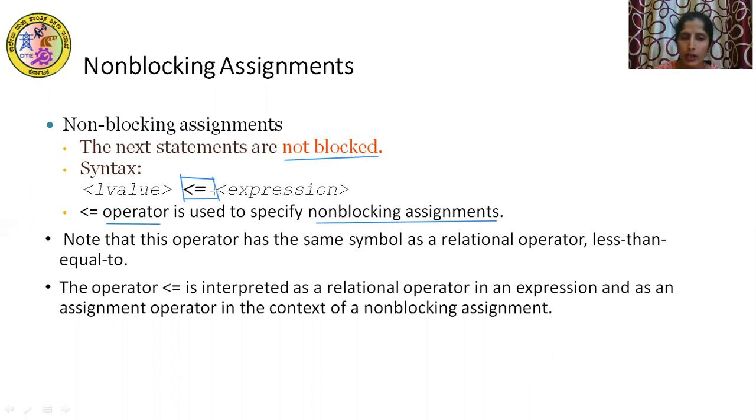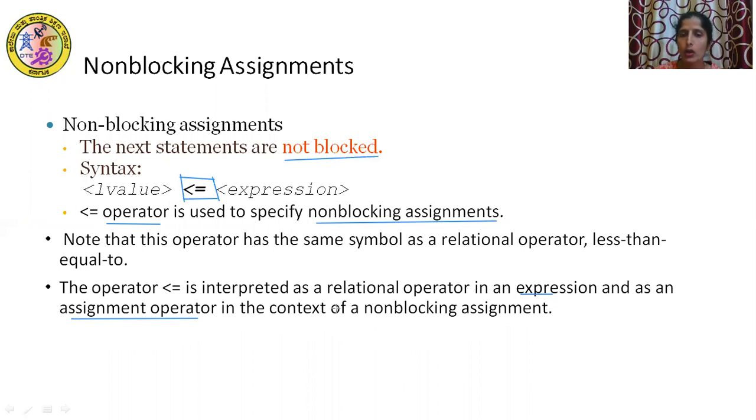In data flow modeling, we have come to know that less than or equal to is a relational operator. Here, when we use it as an assignment operator, it acts as a non-blocking assignment operator. Whereas if we use it in an expression, in a comparison, it will still act like a relational operator.